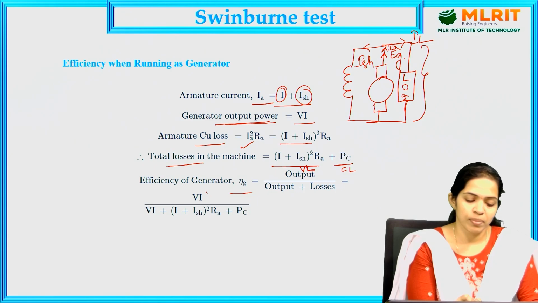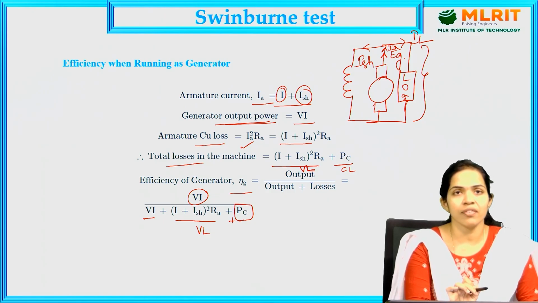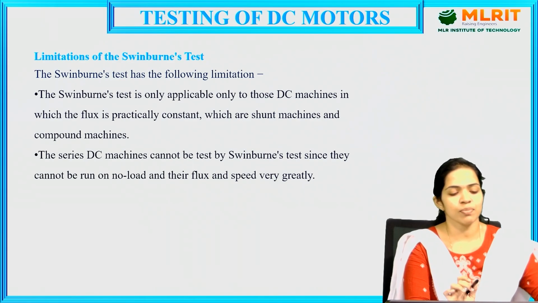So efficiency is VI divided by output plus the variable losses plus the constant losses. This is how we calculate the efficiency of the machine when it is running as a generator by using Swinburne's test. This is all about Swinburne's test, and let us see the limitations of this particular test.